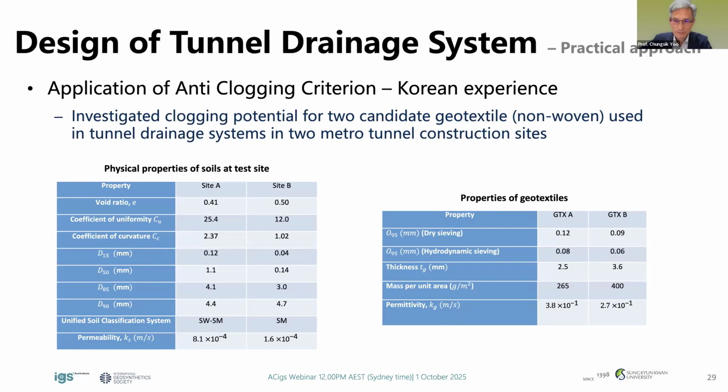This table on the left summarizes the physical properties of soil collected from two sites, and also the properties of candidate geotextiles, geotextile A and geotextile B. All these parameters were obtained from the soil taken at the site.